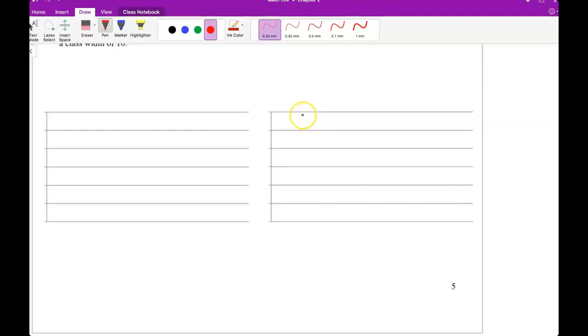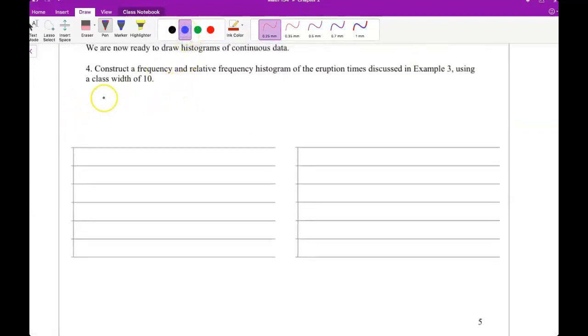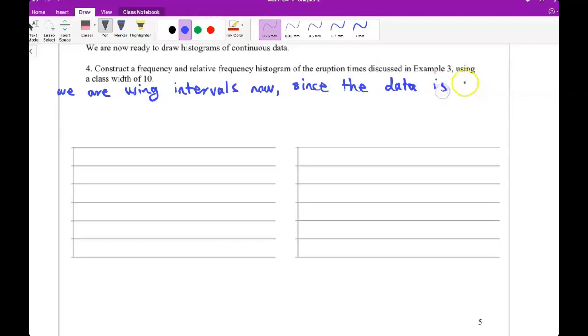So here on this part, we use intervals because our data are continuous, not discrete.